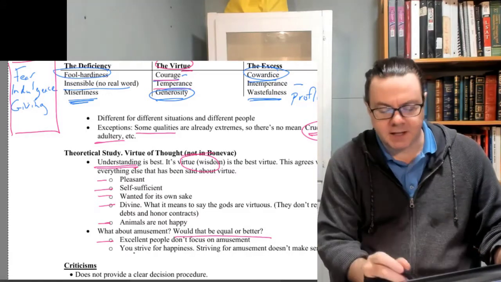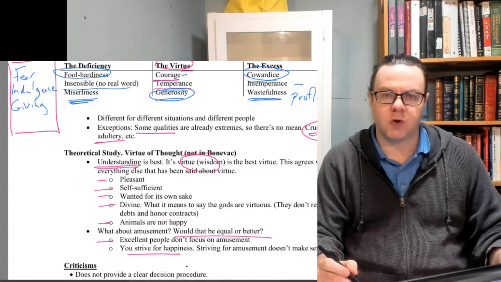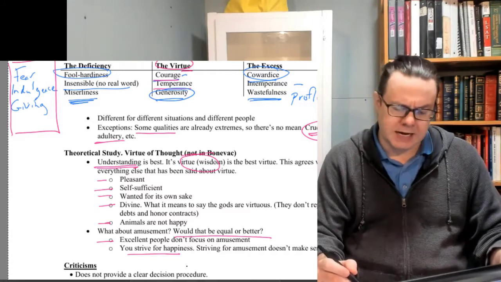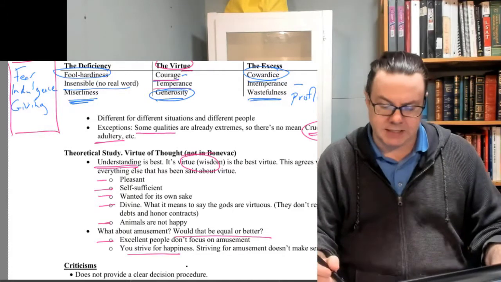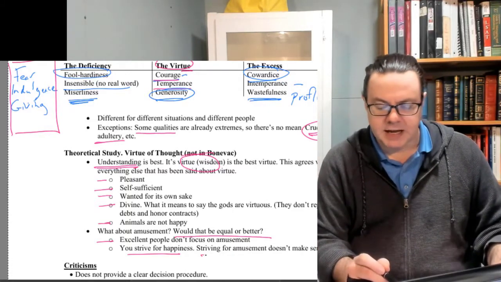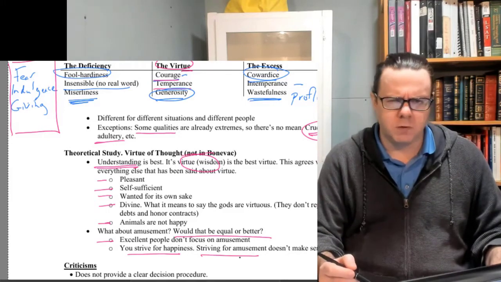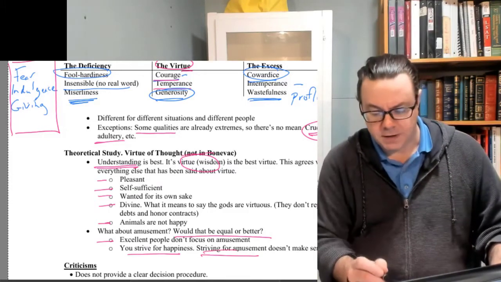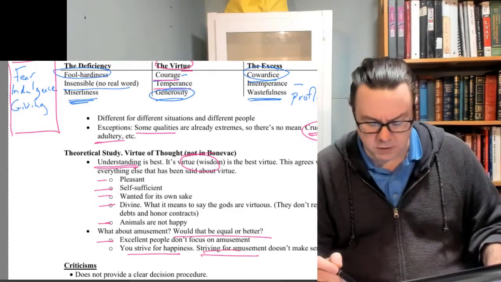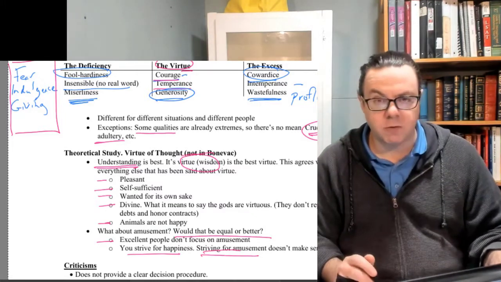And then he also points out that happiness in his sense is something you strive for. You actually work at having this kind of overall life contentment. And it doesn't make sense that you strive for amusement. You don't work hard at being amused. Well, I don't know, maybe you could. But he doesn't seem to think so. So that's how he closes out book 2 on this.